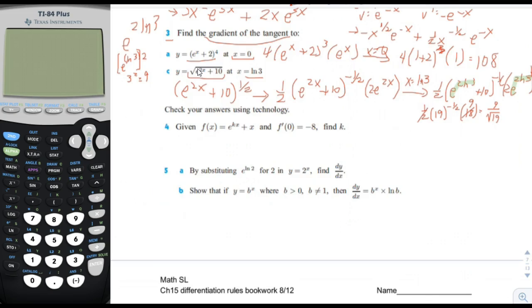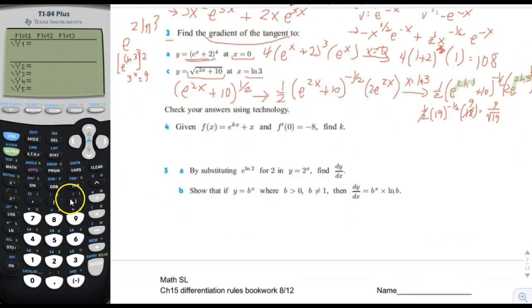Okay, let's see how we would do that. We would put in the function, like let's start with 3a. We're going to put the function e to the x plus 2 in the calculator. So we'll put y equals, and there's a function in there, so I erase it.